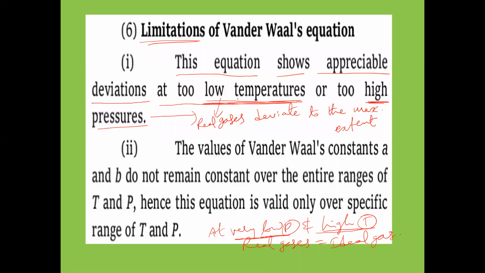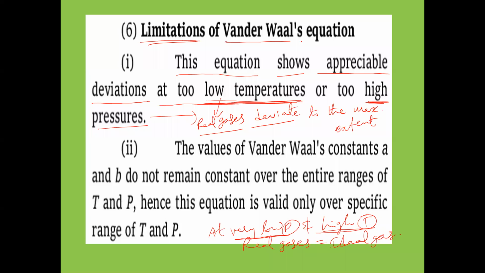But here the reverse is given: low temperatures and high pressures. Under these conditions, real gases will deviate to the maximum extent. More deviation will be shown by real gases, so under these conditions the real gas behavior cannot be explained by this equation.